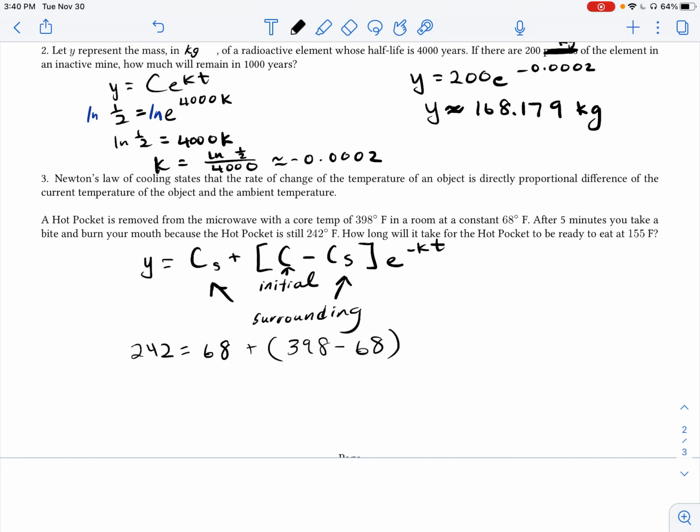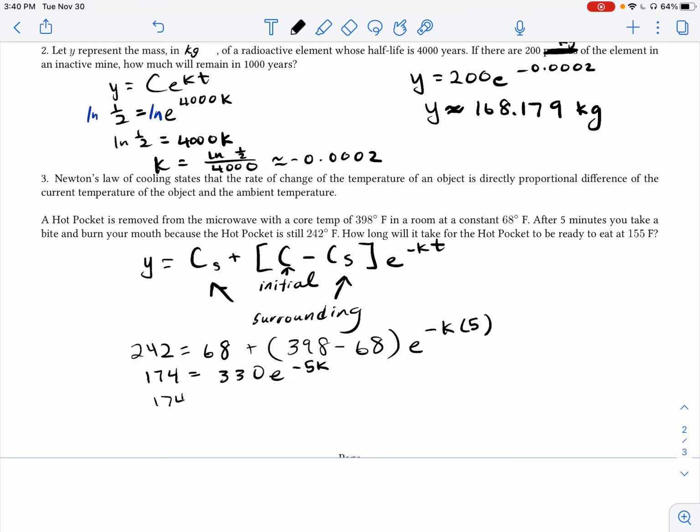So we're finding the difference between the room temperature and the object temperature times e to the negative k times 5 minutes, right? Because after 5 minutes, the temperature of the hot pocket went from 398 to 242. So what we're doing is we're solving for k again. Just through some algebraic steps, we would get 330 e to the negative 5k.